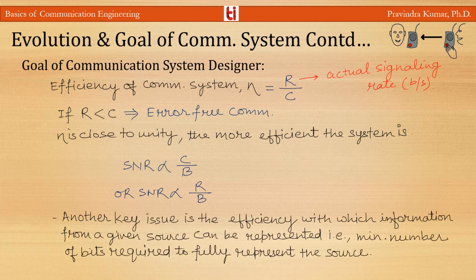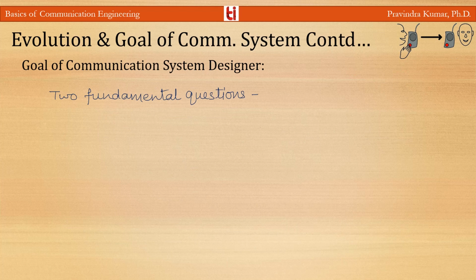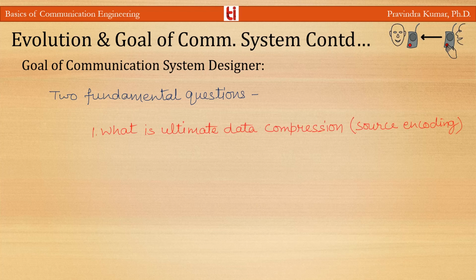Another key issue is the efficiency with which information from a given source can be represented, that is, the minimum number of bits required to fully represent the source. So we have answers to two questions in this discussion. What is the ultimate data compression?